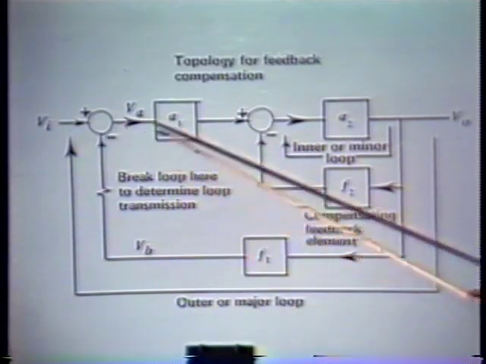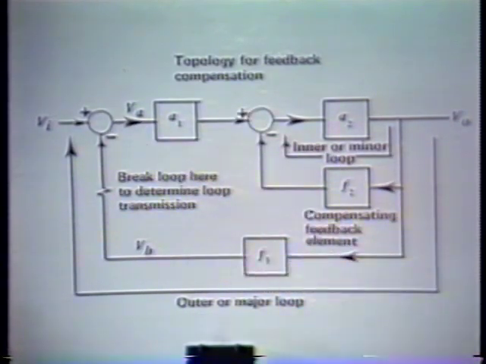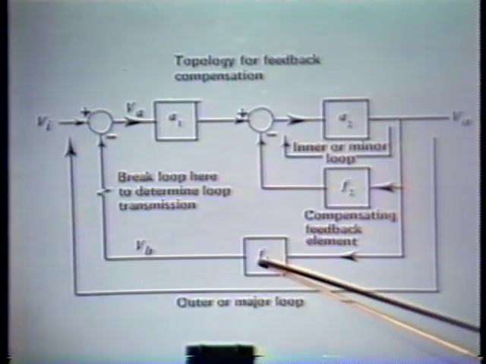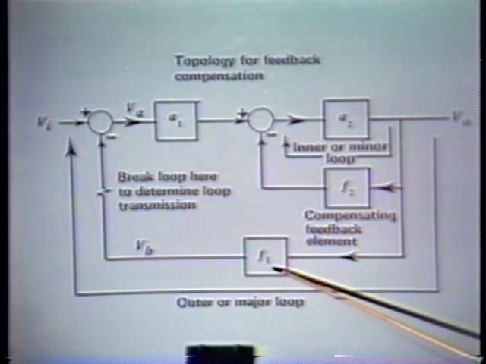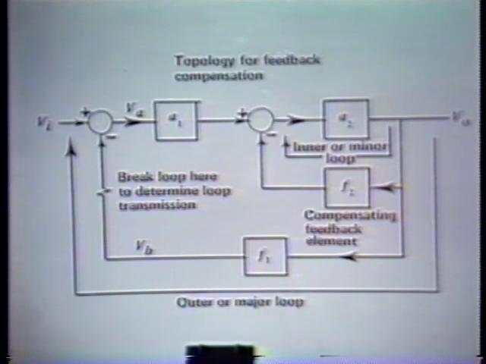In addition to the overall loop, which involves F1, this is oftentimes called an outer or a major loop, we have an inner or a minor loop here, and we show elements A2 and F2 associated with that minor loop. Very frequently in this sort of feedback topology or system that's feedback compensated, the elements A1 and A2 are fixed elements, and the element F1 is, of course, chosen as a function of the ideal closed loop gain.